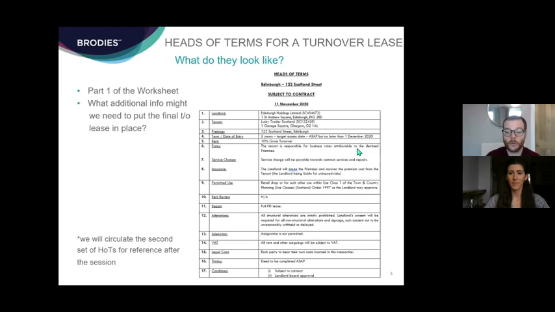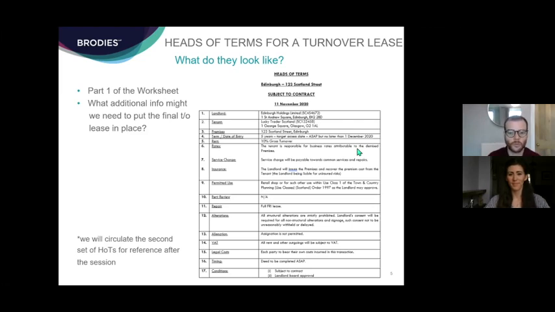So we're looking there at what's been agreed between the parties, and we'll come throughout the seminar to have a look at how that translates into the agreement, and we'll flag it at places where perhaps we might need more information. Solicitors typically need more information in order to get the turnover agreement in place.